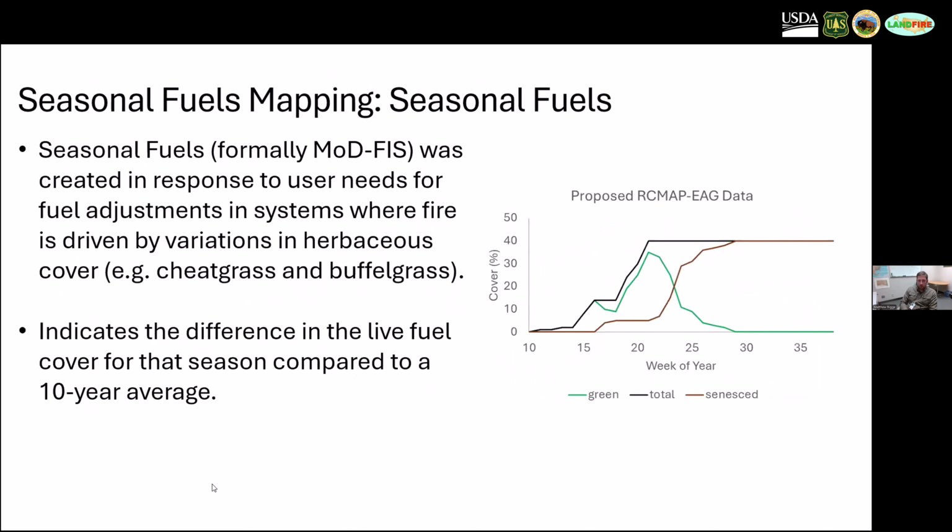So LANDFIRE and RCMAP have been working to collaborate more over the years in terms of sharing training data. Mentioned that RCMAP is pulling in data from the LANDFIRE reference database. We're currently investigating potentially supplementing the ModFuzz seasonal fuel maps produced by LANDFIRE with these new updated RCMAP EAG weekly cover predictions.